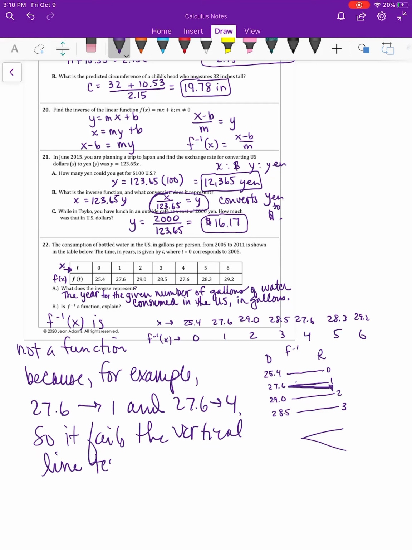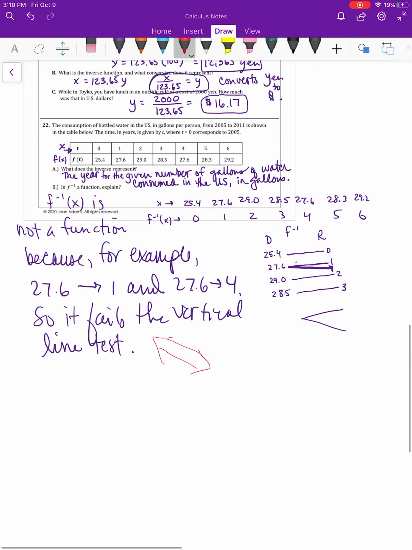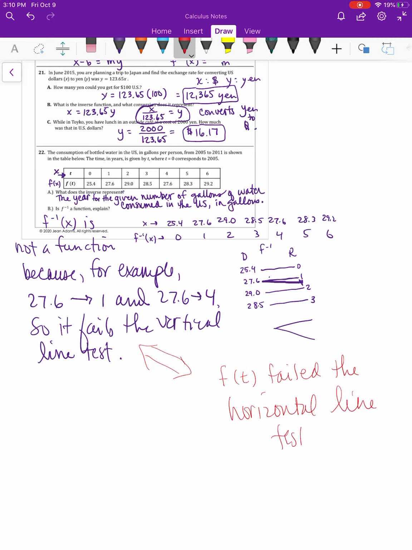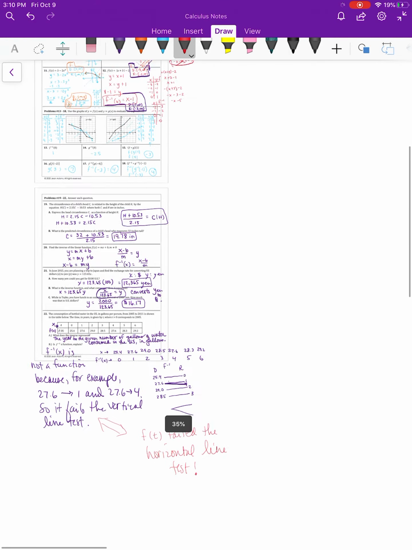Now, if the inverse fails the vertical line test, that's equivalent to saying that your original function f of t must have failed the horizontal line test. So anyway, you really shouldn't even have found the inverse. I mean, it's just not going to be a function. Okay, I think we're done.